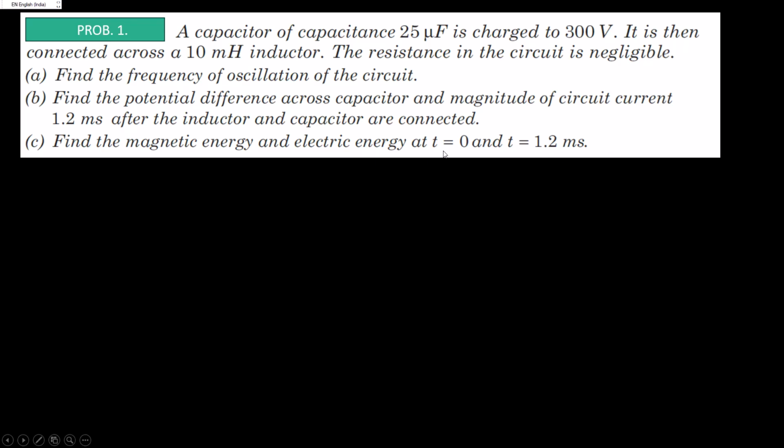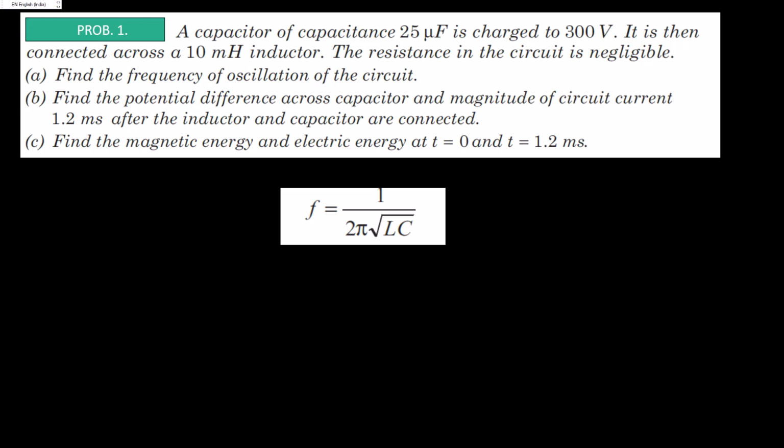At the starting time the energy is fully that of the capacitor, but at a later time the energy is distributed among the capacitor and the inductor. So let us solve the problem.